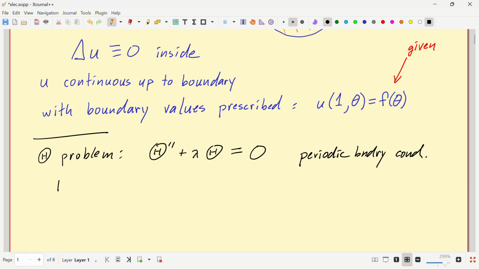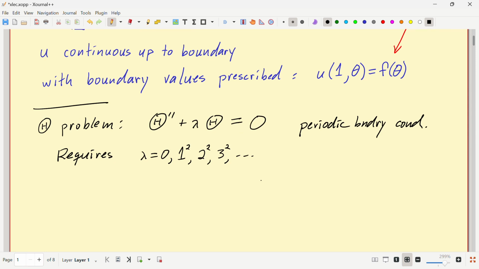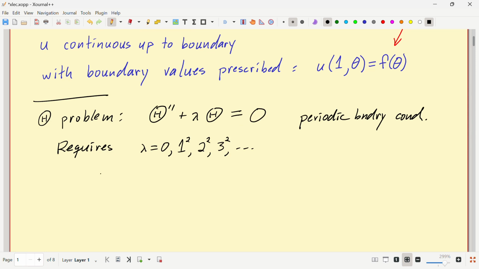And that requires lambda to be either 0, 1 squared, 2 squared, 3 squared, etc. I did the lambda equals 0 case, and we got theta equal to the function 1.